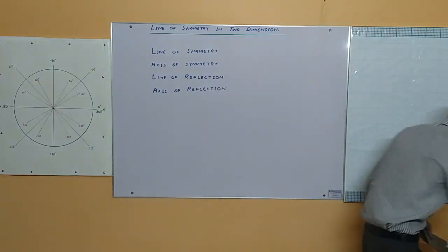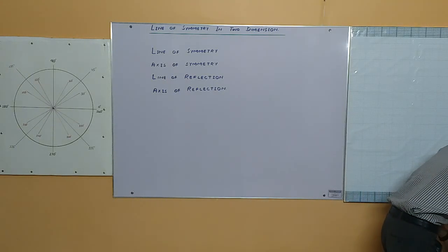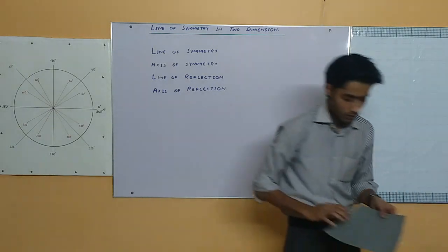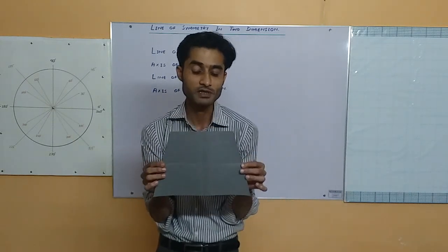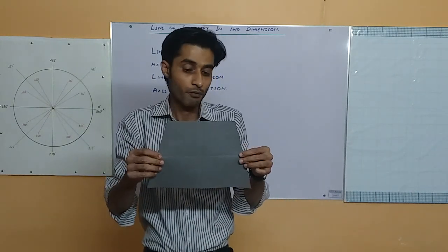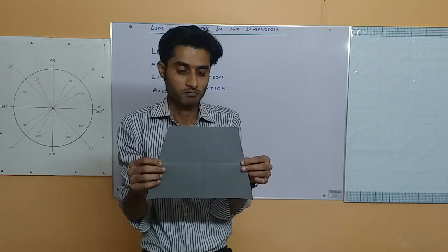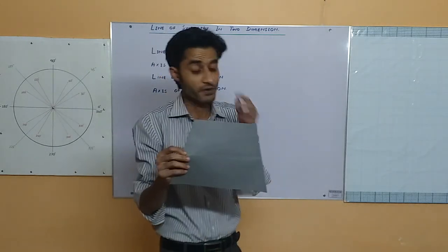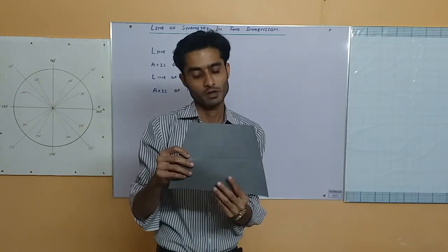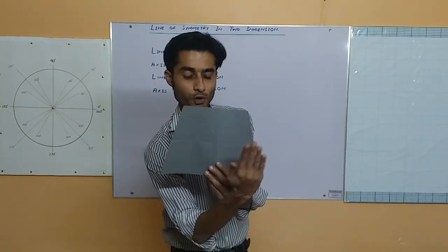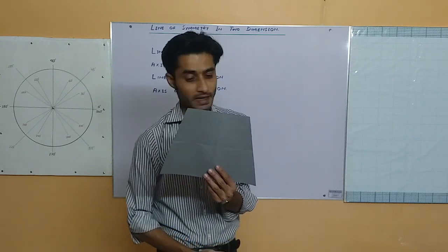This is first thing. On the other hand, let's talk about this shape. It's a trapezium, an isosceles trapezium. Now I want you to fold it. I want you to divide it into two symmetrical halves. Make sure that when you fold one half, it overlaps the other half completely.